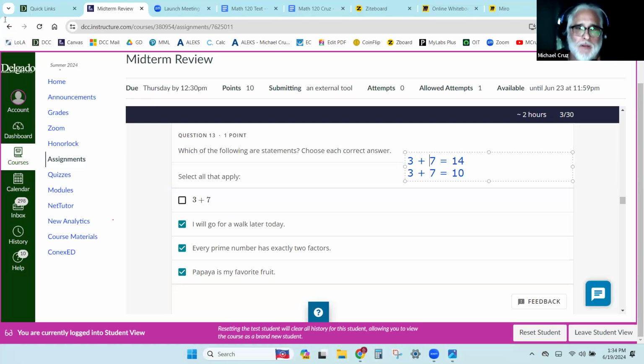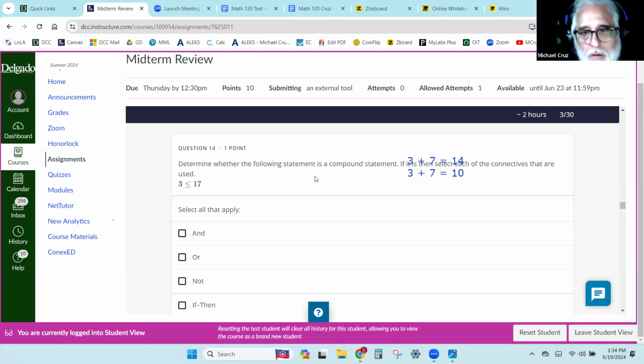What was the other one? 14? Yes. Yeah, this one again, it doesn't contain any connectives.